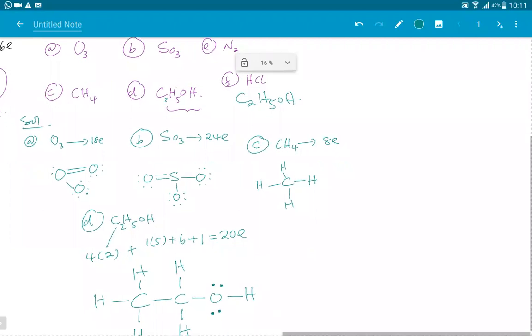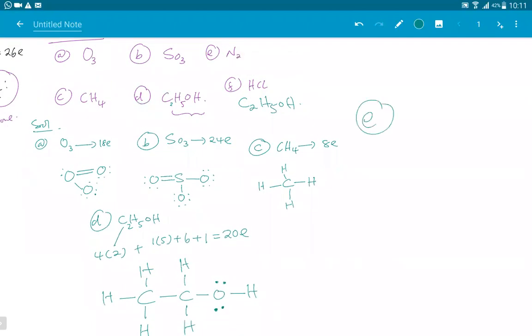Those are the last ones. E is the nitrogen dioxide, and F is the hydrochloric acid, HCl. Nitrogen. 5 times 2 is what? 10.